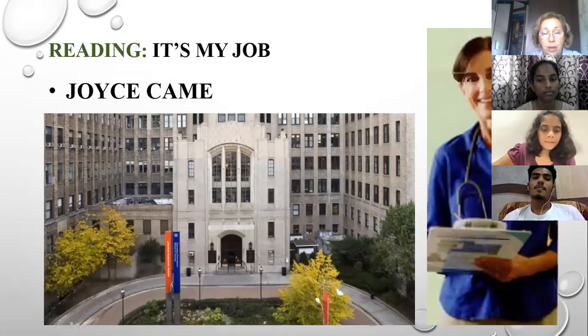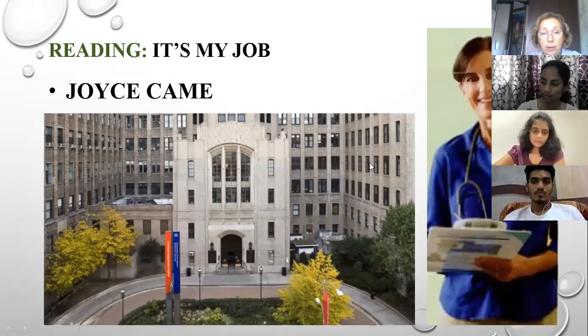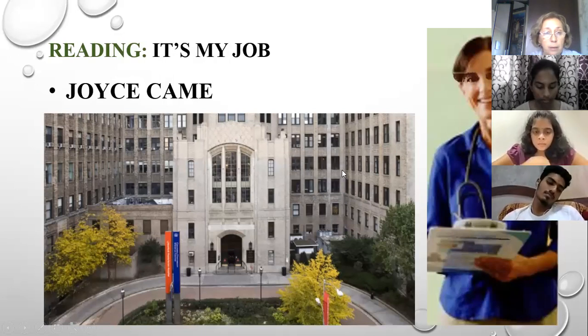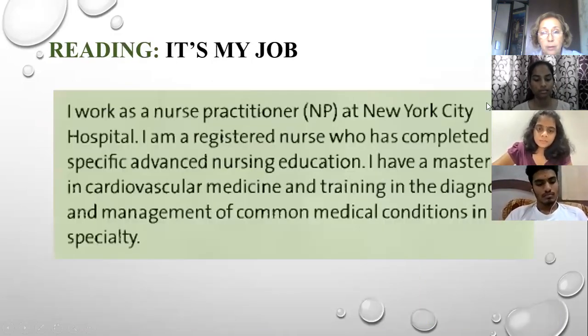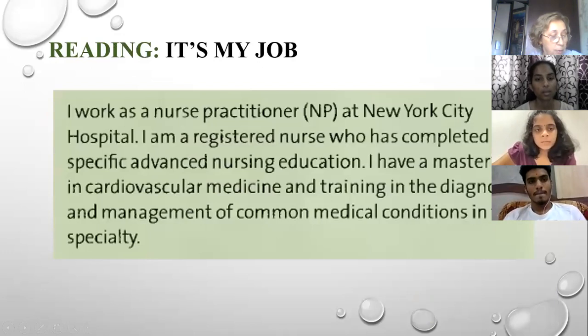And she is speaking about her job. So there is information about her job, and this is the clinic, the hospital she works for. So now we are going to read this information and then focus on some questions on the article.